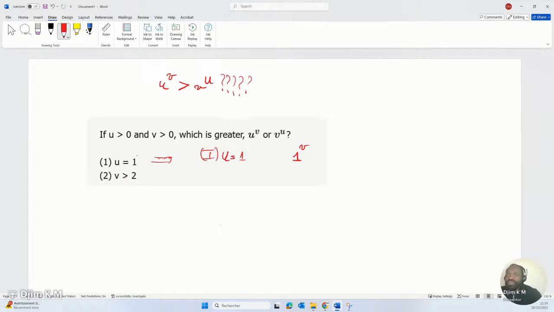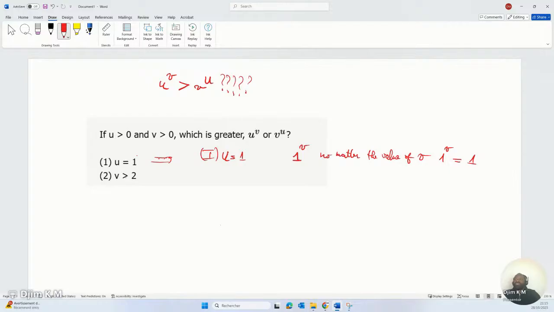So no matter the value of v, one to the power v is always going to be equal to 1.